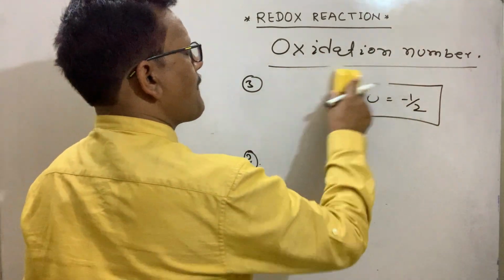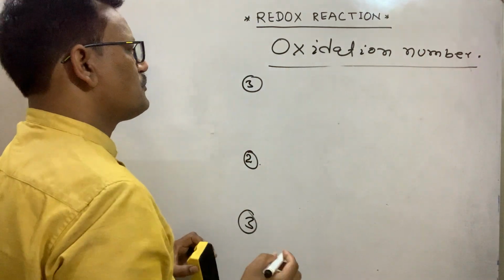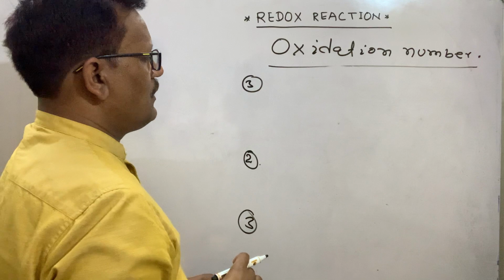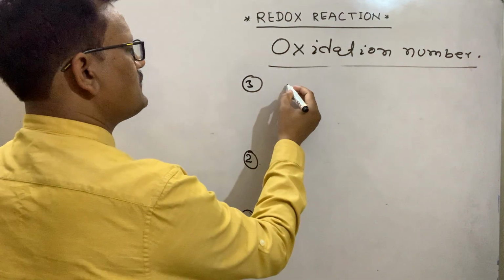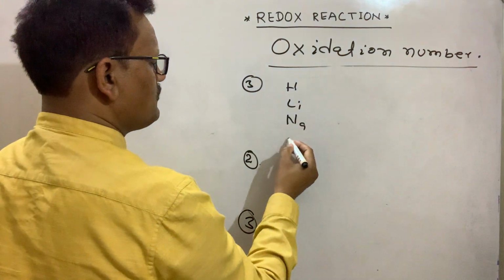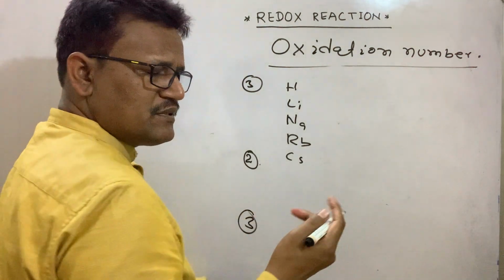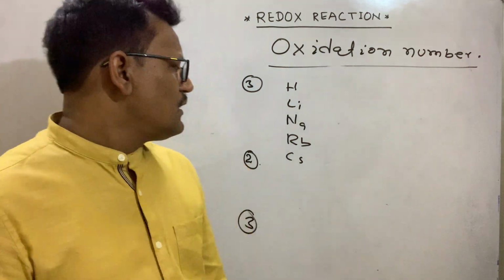Now, as we know, group 1 of the periodic table contains hydrogen, lithium, sodium, rubidium, cesium, and francium, which is a radioactive element.